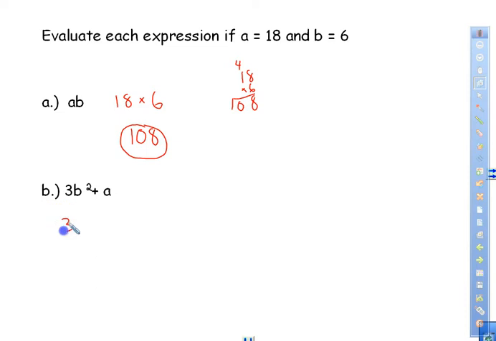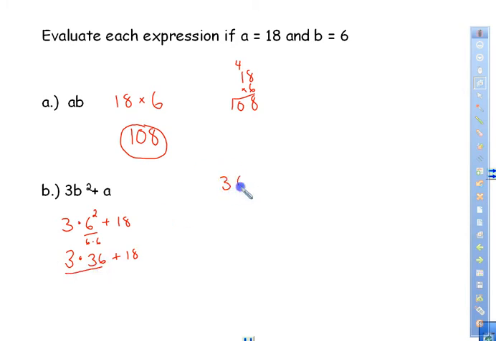Next one, we get 3b squared. So it's 3 times b, which is 6, that is squared, plus 18. So now you're going to underline the first part. PEMDAS, so exponents, so 3 times, this is 6 times 6, which is 36, plus 18. Now we have to multiply or divide.